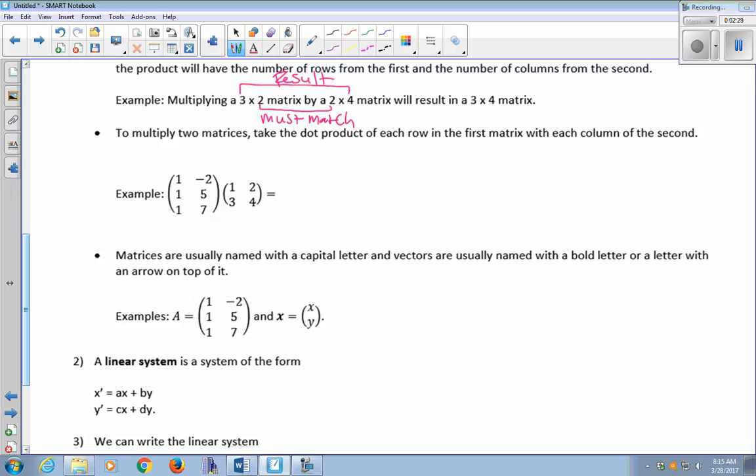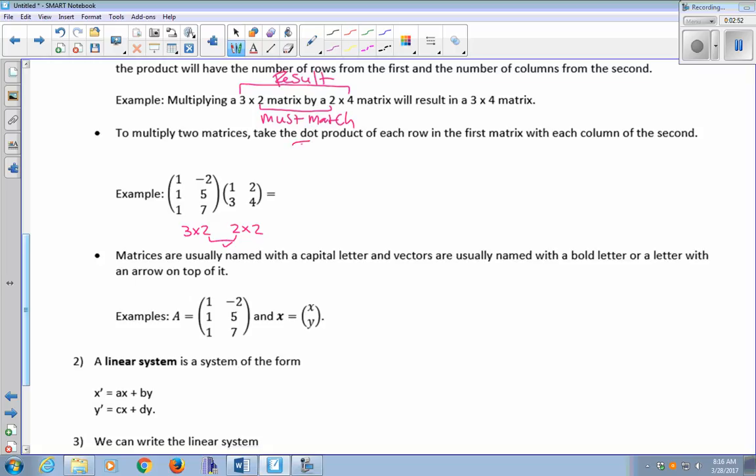So I'm going to multiply these 2 matrices, but I want to know what the result is going to look like first. So the dimensions of this one are 3 by 2. And then this one right here is a 2 by 2. My inner dimensions match, right? The 2's match. And then my result is going to be 3 by 2. We're going to have 3 rows and 2 columns.